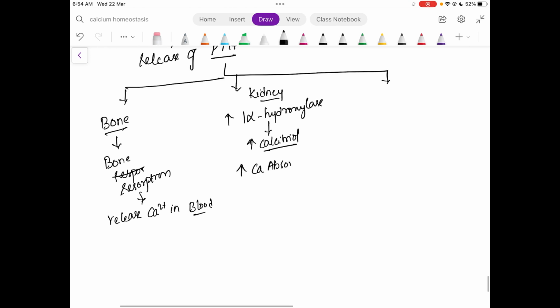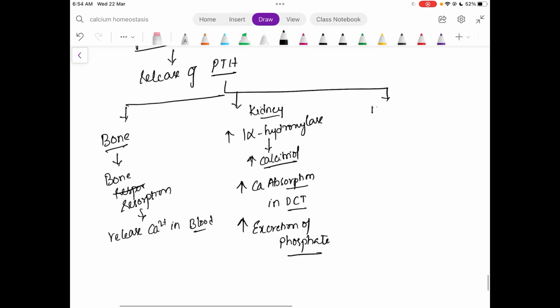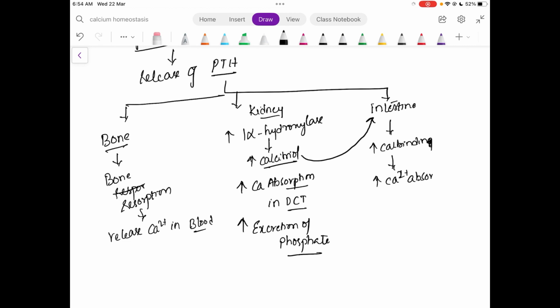It increases calcium absorption in DCT, distal convoluted tubule, and increases excretion of phosphate. And what happens in the intestine? This calcitriol will act on intestine and increase calbindin, and this increased calbindin will increase calcium absorption.